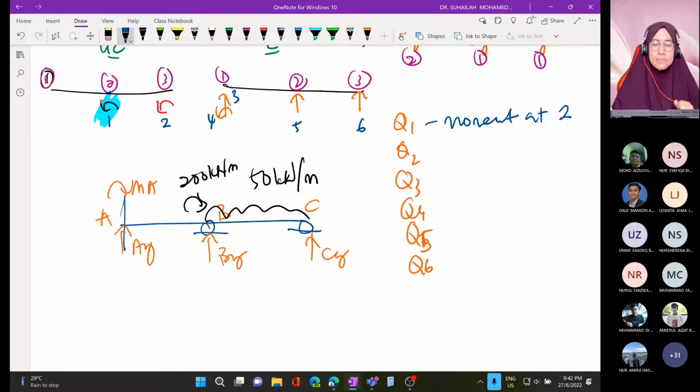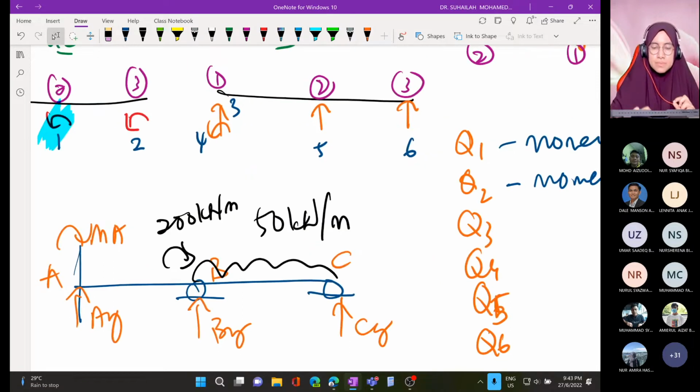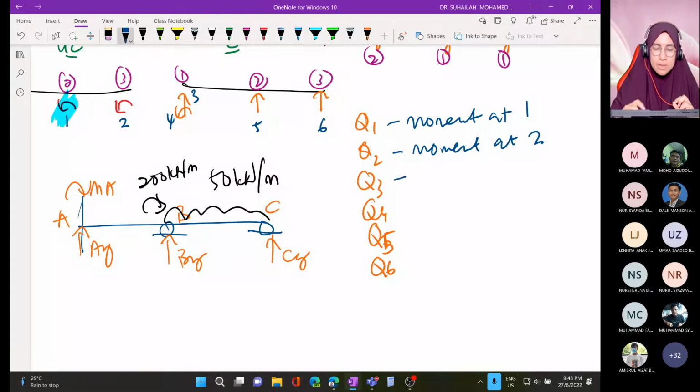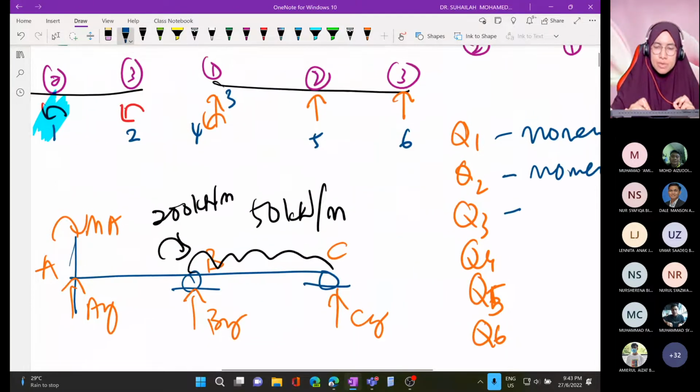Okay, Q2. Moment at node 2 or node 1? Moment at node 1, moment at 2. Okay, Q3. Same as this. What is Q3?